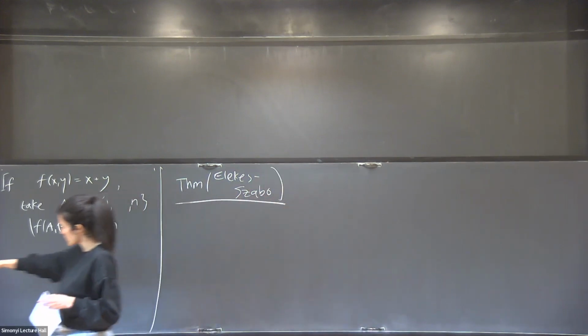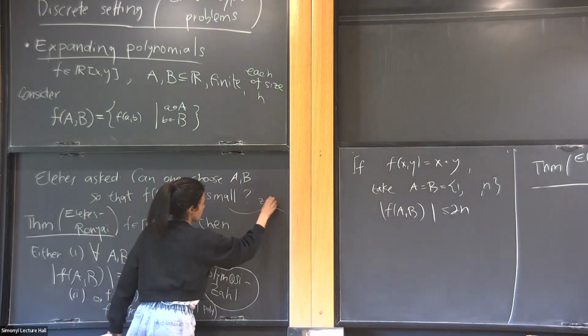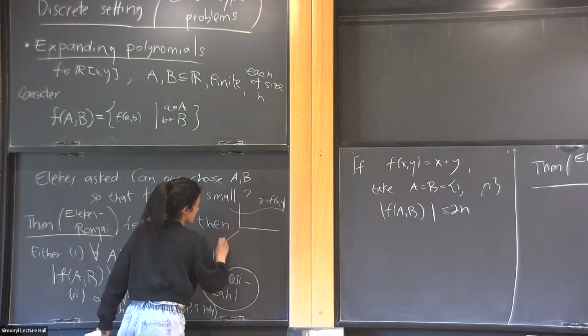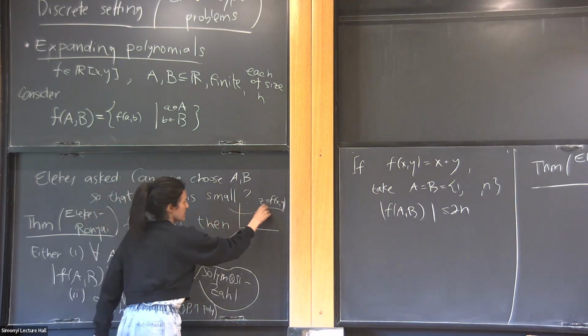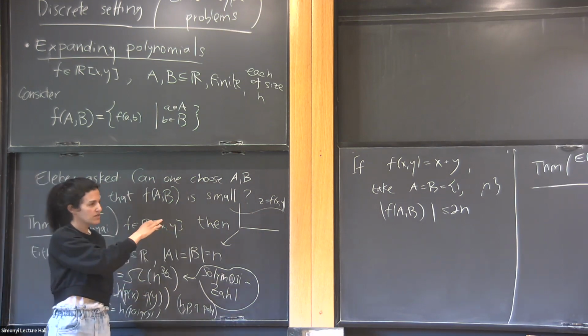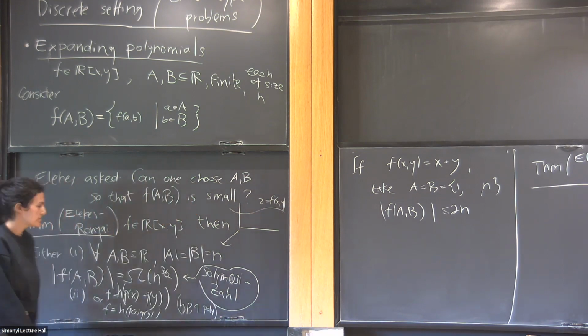One way to think about this theorem is as if we take the graph of the function, now we are in R3, and we bound how many points of an n by n grid lie on this graph of the function. So one question: is that statement for almost every choice of A and B? Because if the degree of f is high enough, can't I just pick something so that it vanishes everywhere?